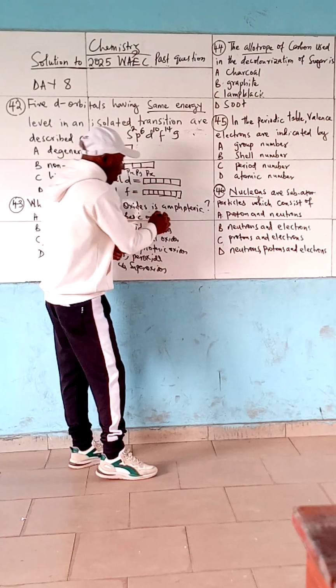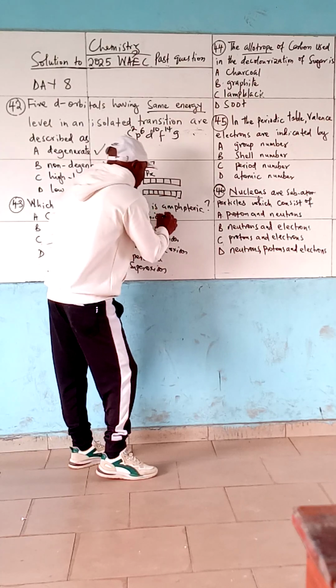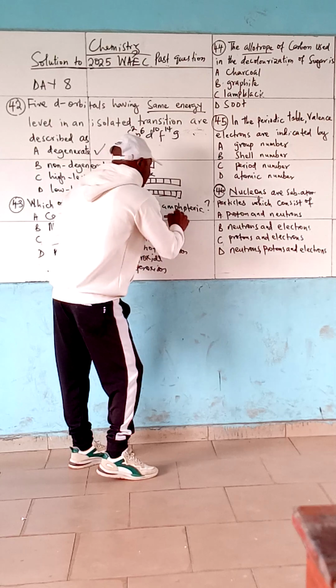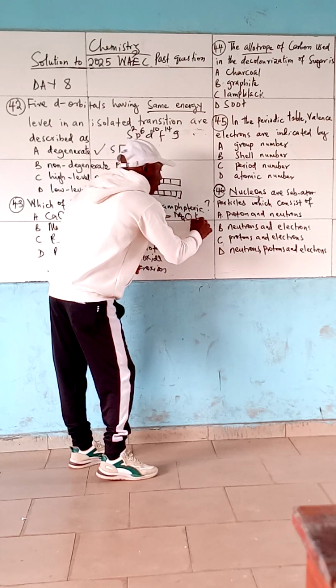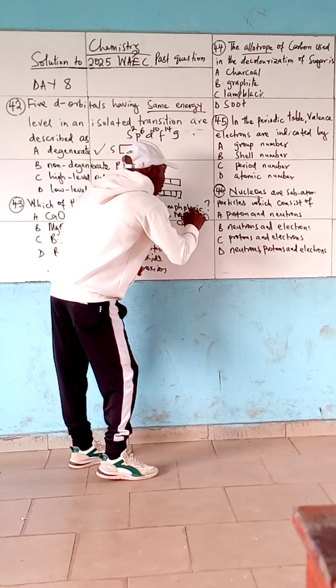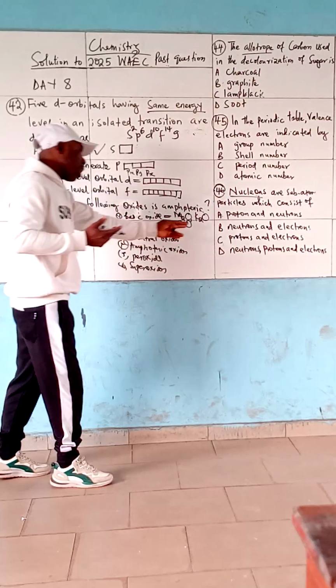All metallic oxides, which are compounds of oxygen with metals, are basic oxides. Examples are sodium oxide, potassium oxide, calcium oxide, magnesium oxide, and the rest. All of them are examples of basic oxide.